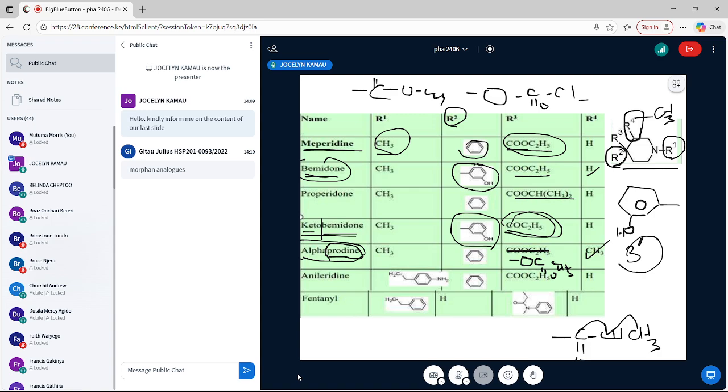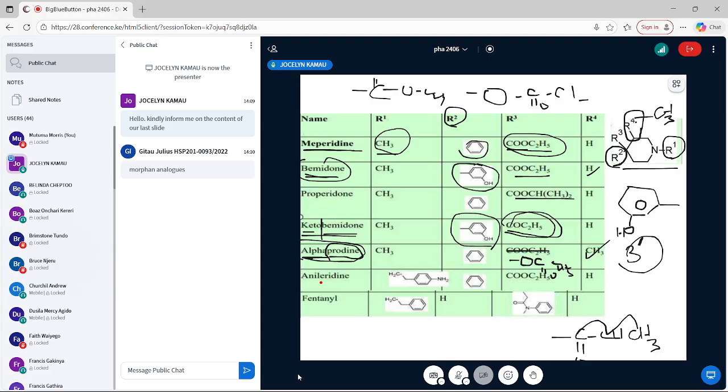And then you can see there is alpha. So there can be alpha and beta. This alpha and beta is because, as we said earlier, how is this methyl group placed at this position? And that again, we look at it.